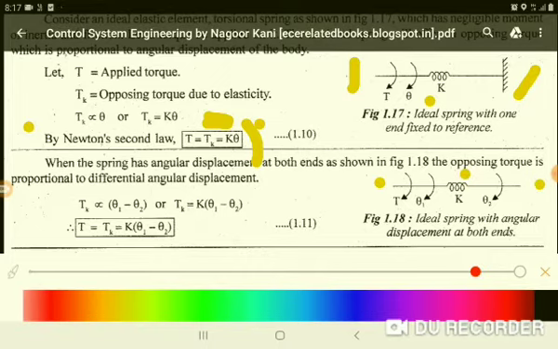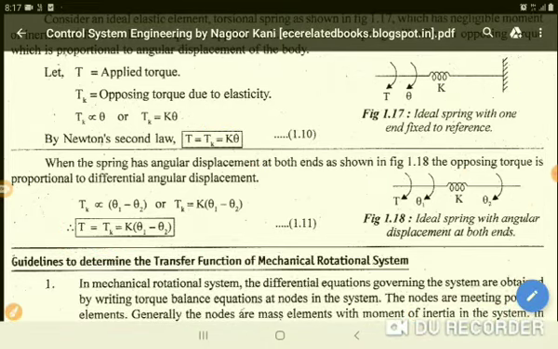That's why here theta 1 and theta 2, both angular displacements occur. So the torque T applied on a spring is equal to the opposing torque Tk equals K into theta 1 minus theta 2. So these are all the basics required for doing a tutorial problem on the mechanical rotational system.